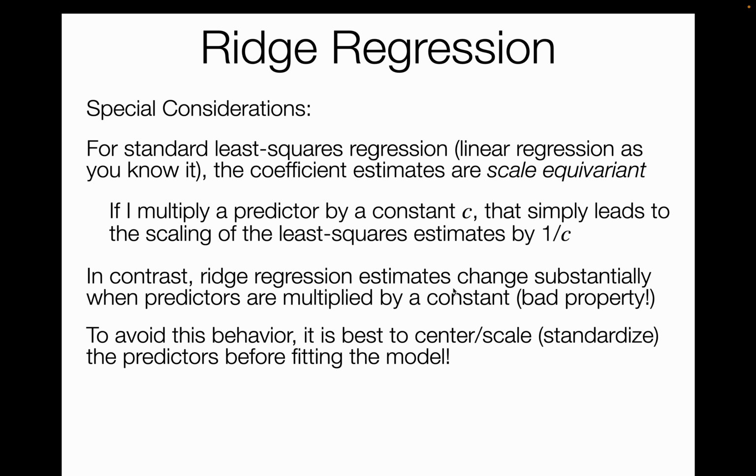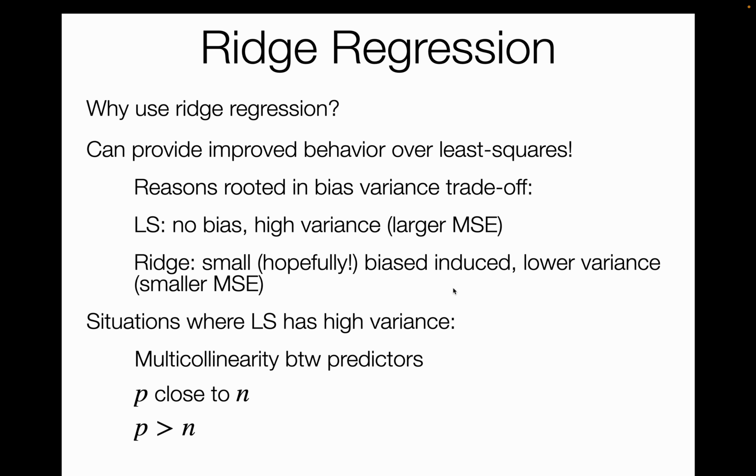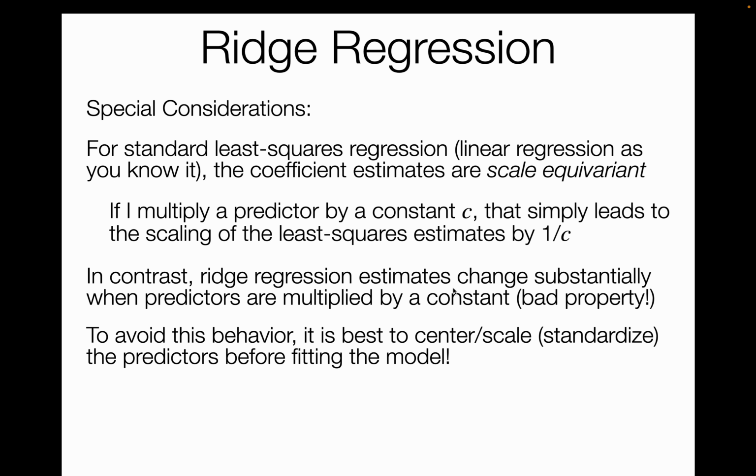Okay, so ridge regression, some special considerations. For standard least squares regression, the coefficient estimates are what are called scale equivariant. If I multiply a predictor by a constant c, that simply leads to the scaling of the least squares estimate by 1 over c.